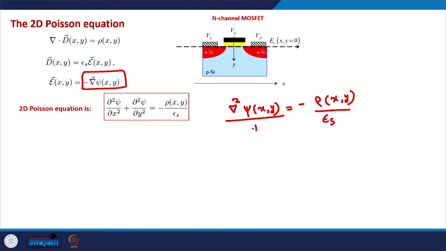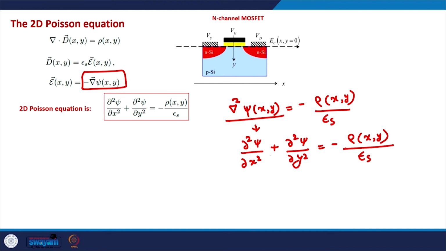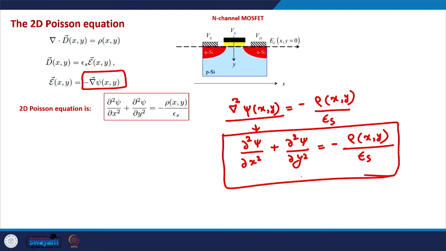So, this left hand side is essentially del 2 psi by del x squared plus del 2 psi by del y squared, equal to minus rho, which is the charge density in the semiconductor, divided by the dielectric constant of the semiconductor. So, this is the 2D Poisson equation in the channel region of the semiconductor.